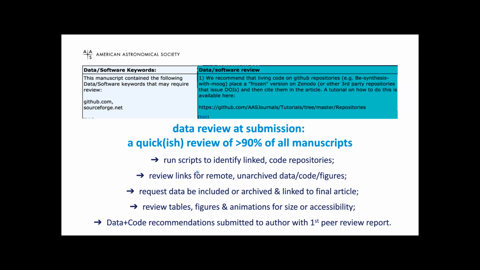And then we bundle these recommendations up into a review that comes in parallel to the science peer review. And this was interesting in a talk earlier. Tim Vines said, about DataSeer, that authors really like hearing earlier in the process about the things they need to do, and also being told what the requirements are for openness and sharing.